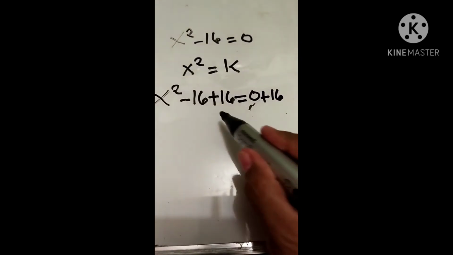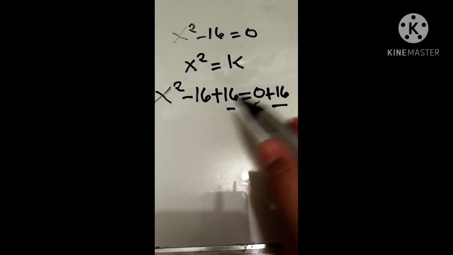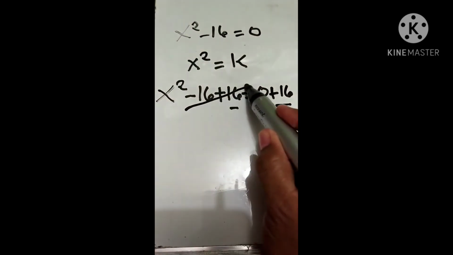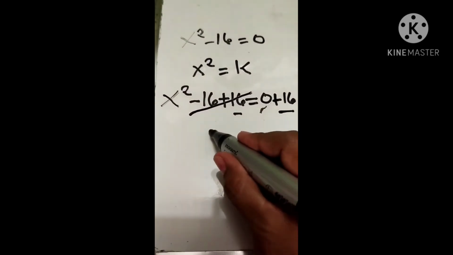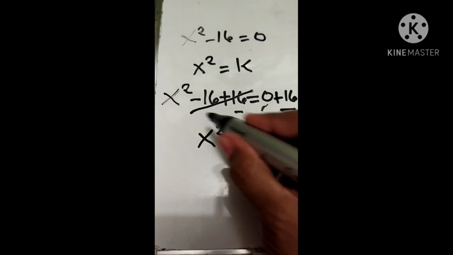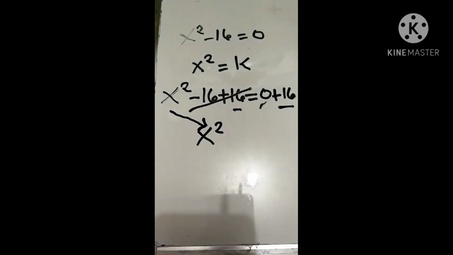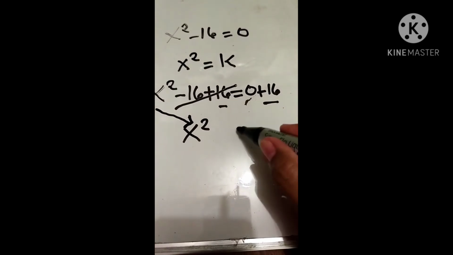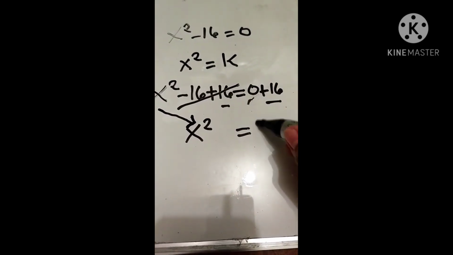Both sides should add 16 so that it becomes 0. Since that is 0, what remains is only x squared, which is this one. Then equals 0 plus 16, which is 16.